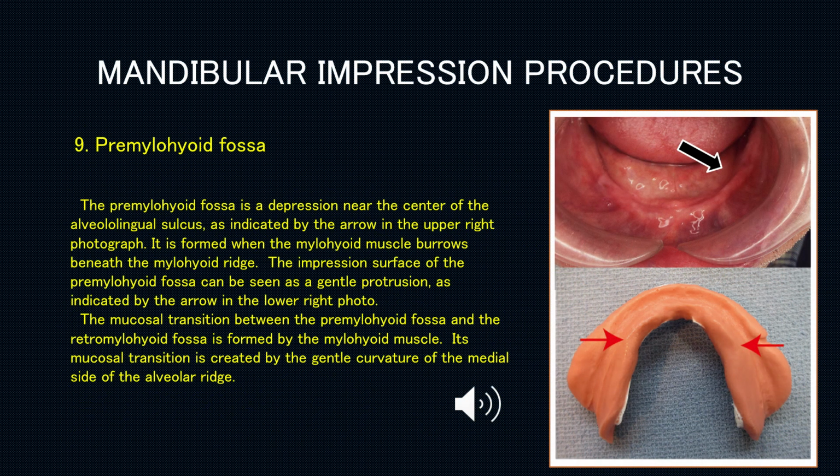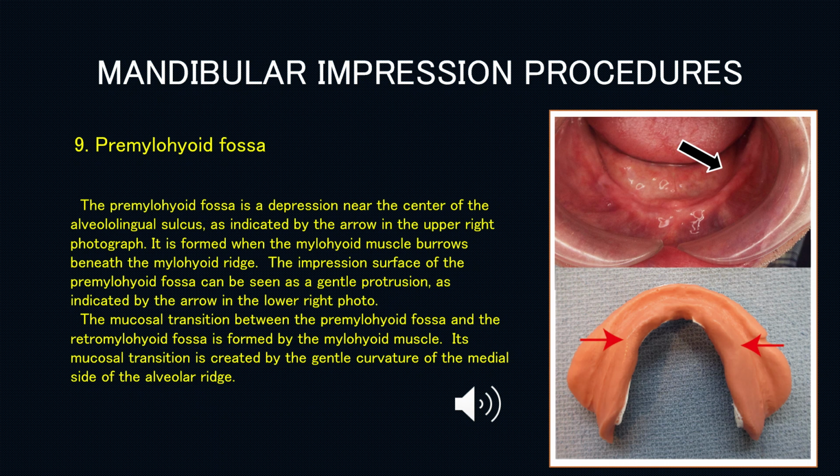9. Premylohyoid fossa. The premylohyoid fossa is a depression near the center of the alveolo-lingual sulcus, as indicated by the arrow in the upper right photograph. It is formed when the mylohyoid muscle burrows beneath the mylohyoid ridge.